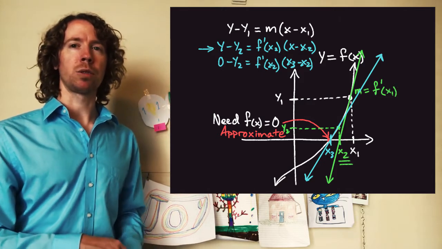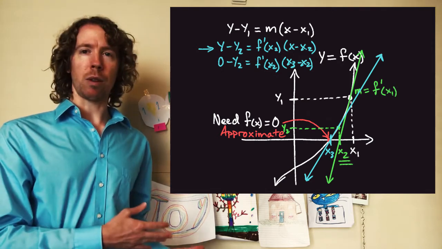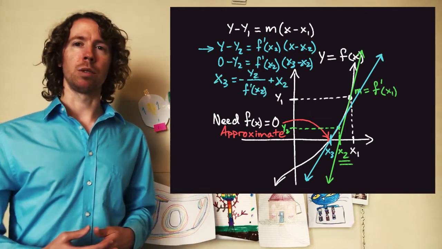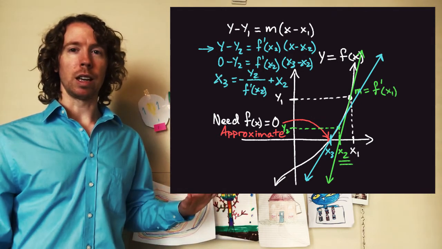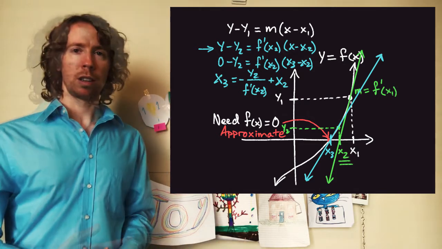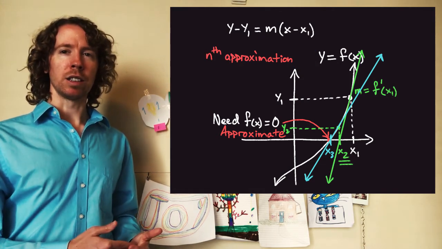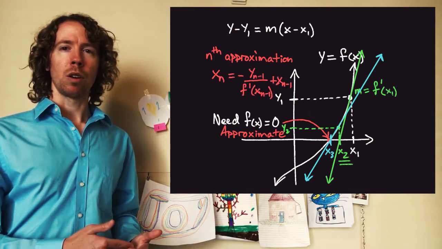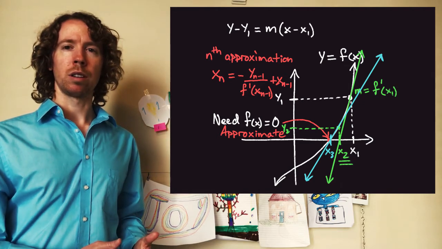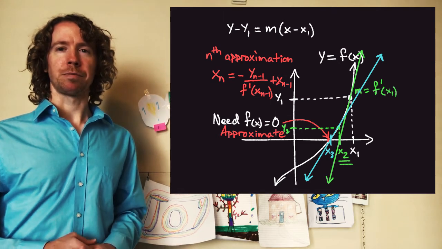And when we solve that for x3, it looks just like the equation that we just got for x2. For that one, we had x2 in terms of x1, and for this one, we get the same thing, but x3 in terms of x2. And so you can do this for any level of approximation that you want. You can continue this as many times as you want. When you get to the nth approximation, xn is just going to be equal to negative y(n minus 1) over f prime of x(n minus 1) plus x(n minus 1).